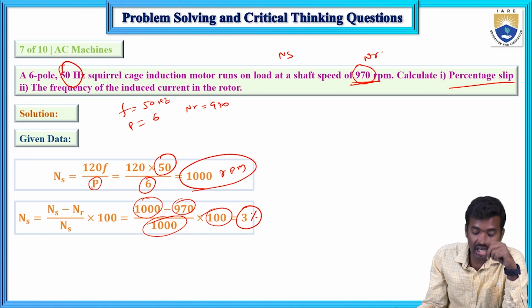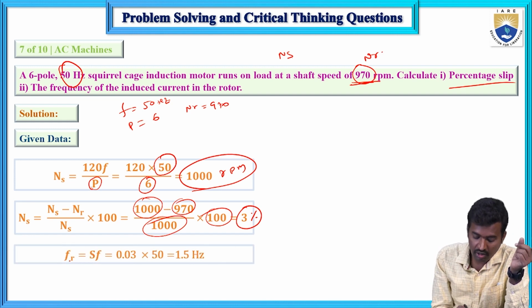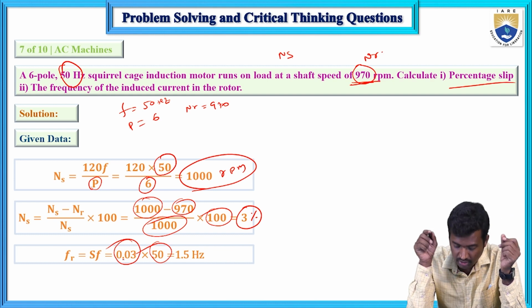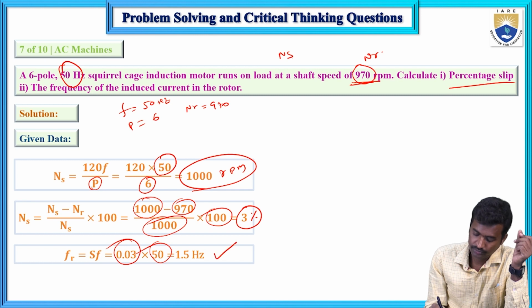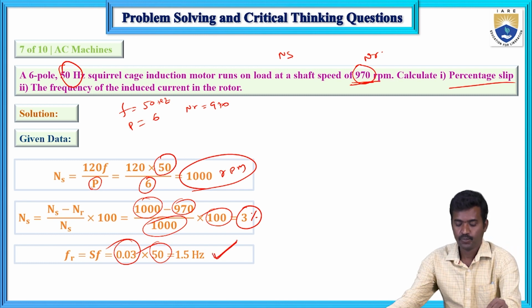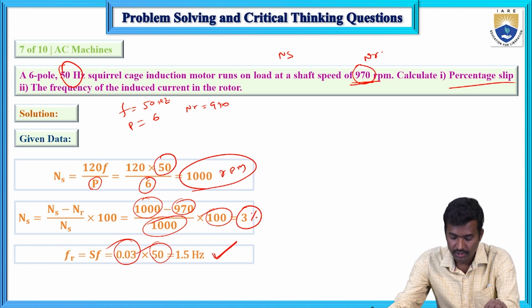So the rotor frequency FR equals S into F, that is 0.03 into 50 Hz, which equals 1.5 Hz. Now, seventh question done.